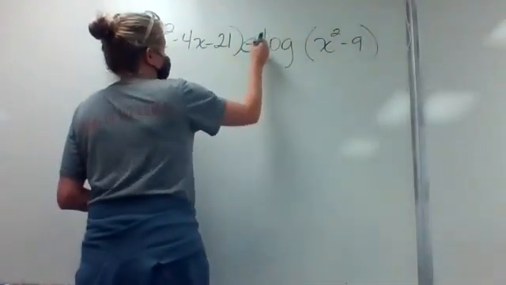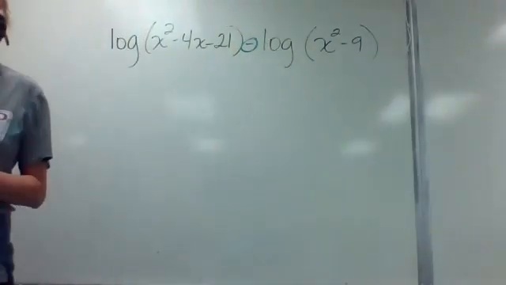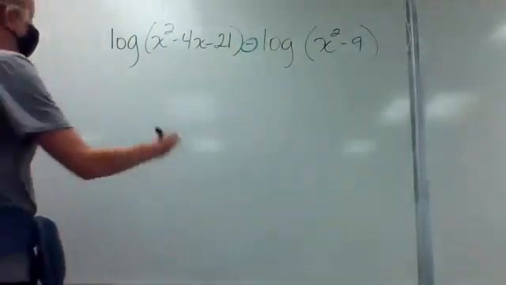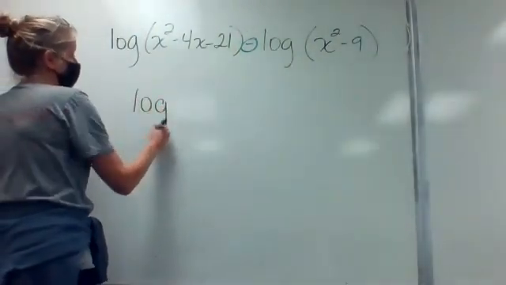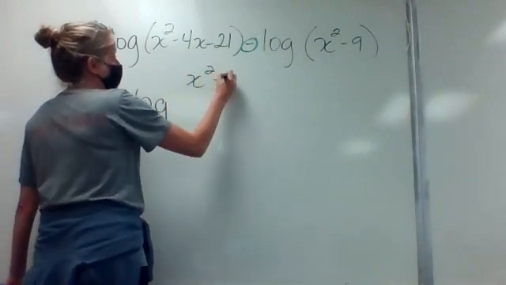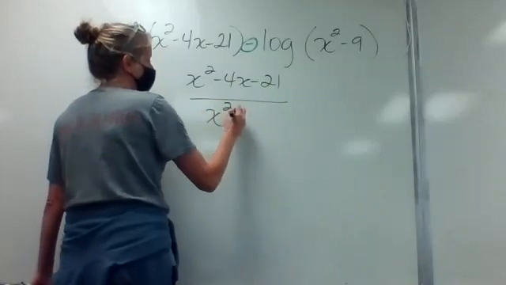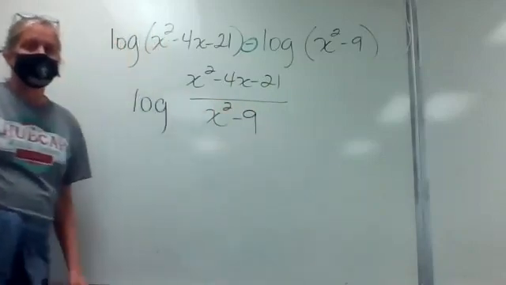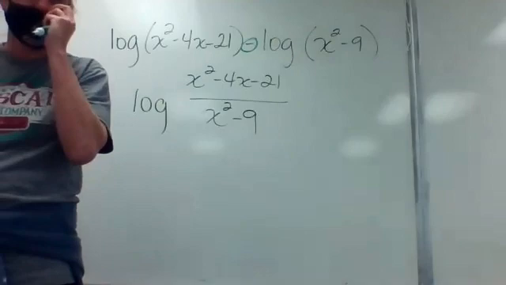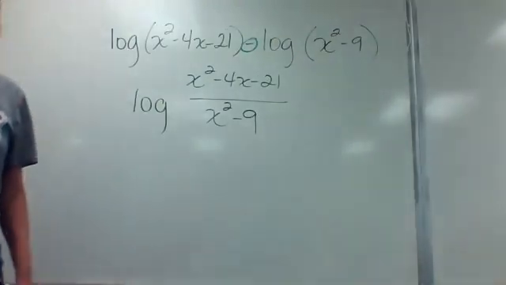So again, since it's subtraction, I'm going to rewrite it as the quotient. So I've got log, and up top, x squared minus 4x minus 21 over x squared minus 9. So let's see if this simplifies.